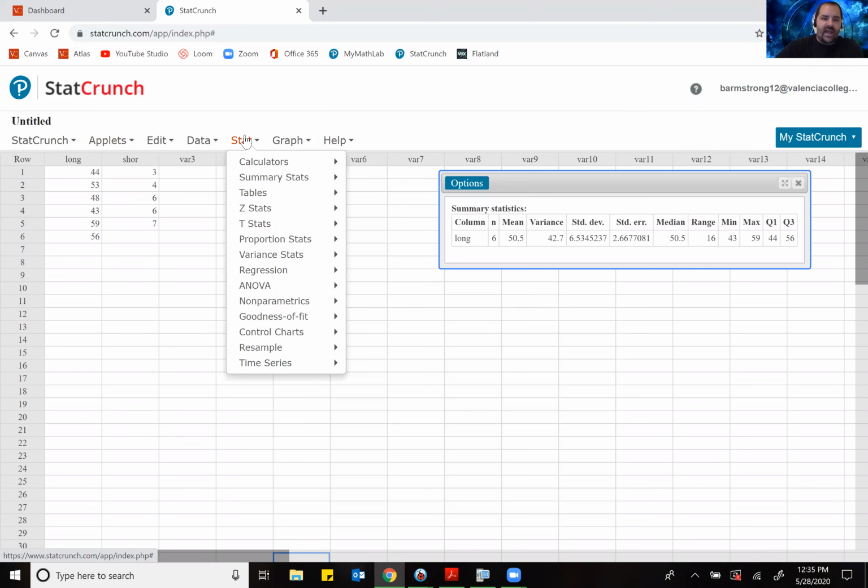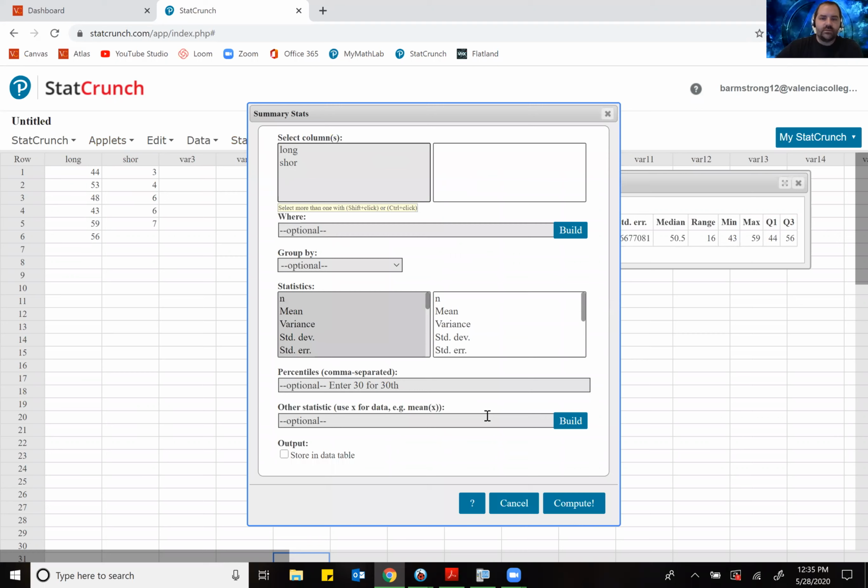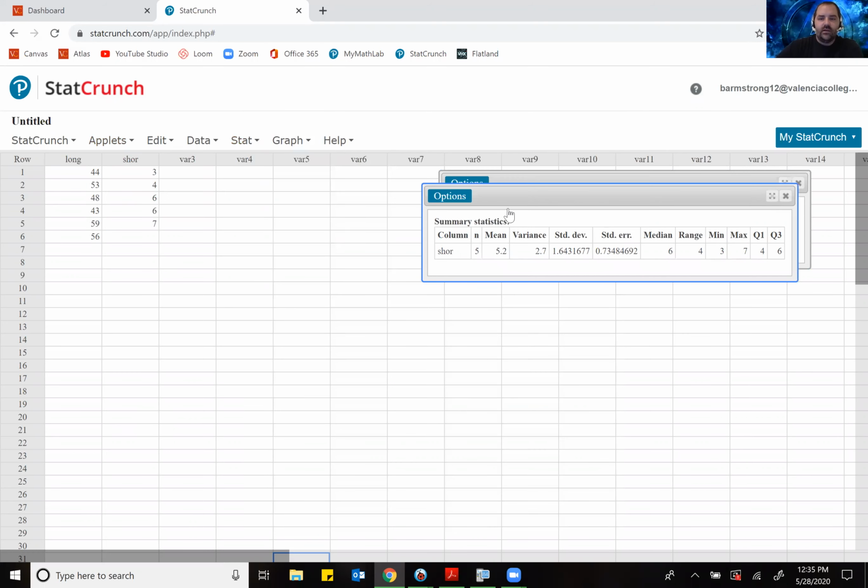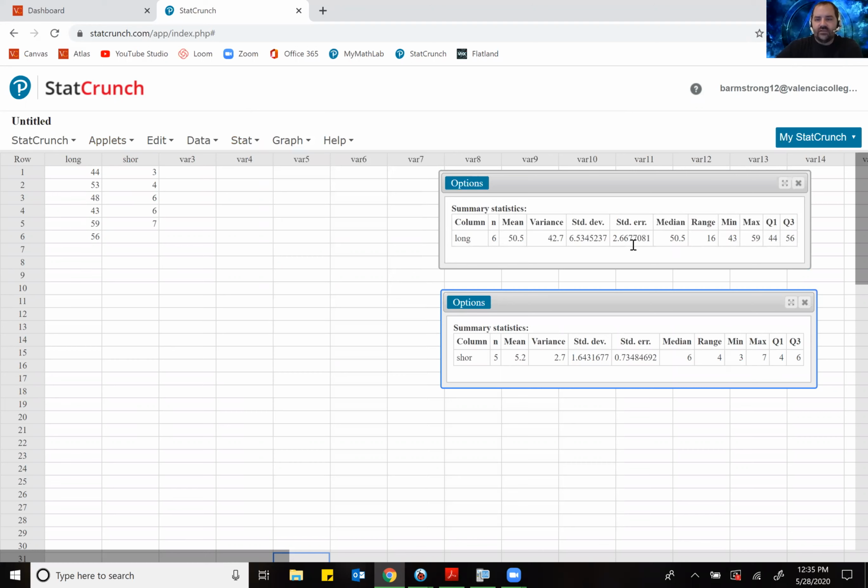And then run stat, summary, columns again, pick short, calculate, and then there's the short. And you have the means, and then you have the standard deviations. Does that make sense in StatCrunch? It seems easier. I'm sorry that I don't have the data.